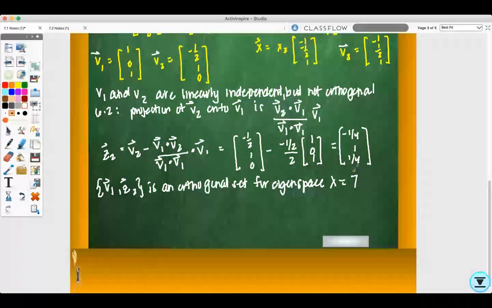Z2 is a linear combination of V1 and V2, so it's in the eigenspace. So V1, Z2 is an orthogonal basis for the eigenspace lambda equals 7, and that's the basis theorem. In that sense, it's two-dimensional. So our next step is we need to normalize V1, Z2, and V3.